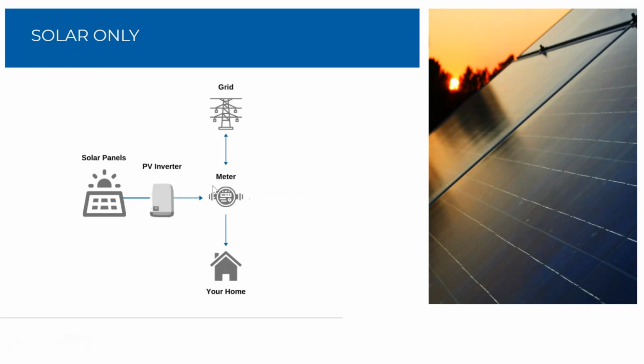That's going to be feeding the meter to the grid. That's controlling the flow either out to the grid or into your home. And those are really the only components that we are considering. So it's relatively straightforward when you're looking at solar only. And hopefully this is something that is familiar to you. So with a bidirectional meter, you can either sell to the grid or consume at your house.